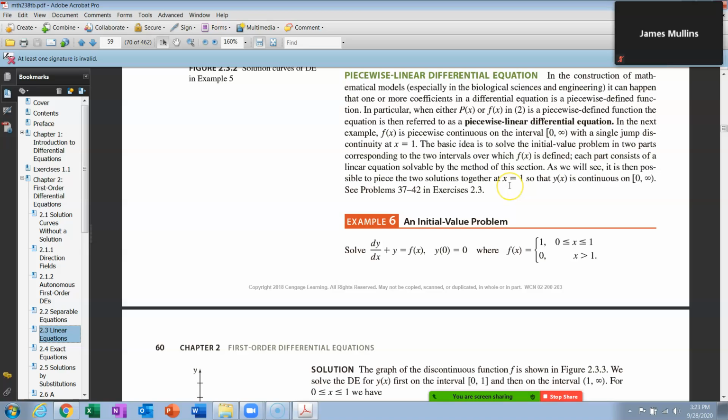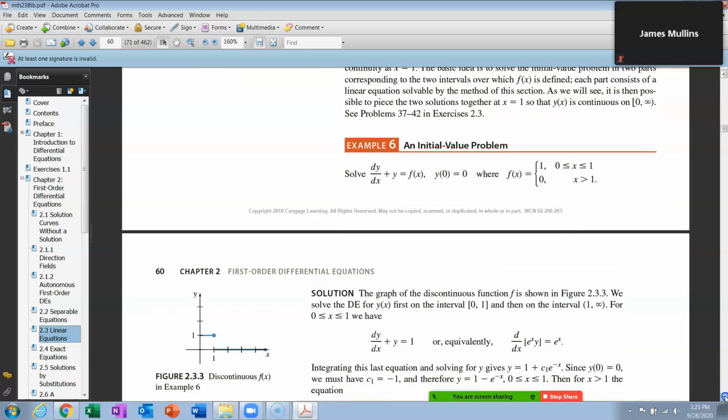As we'll see, it's then possible to piece the two solutions together at x equal 1, and that's what we'll show will be happening. They refer you to some future problems. So let's do example 6. Enough of the blah blah blah, let's actually do it.